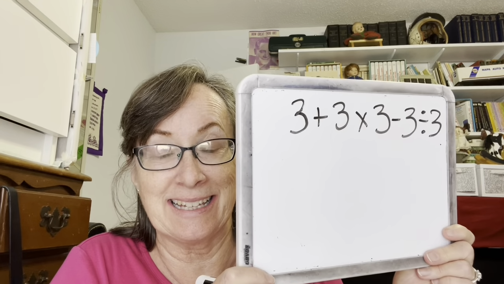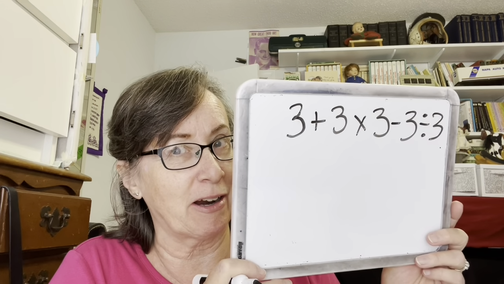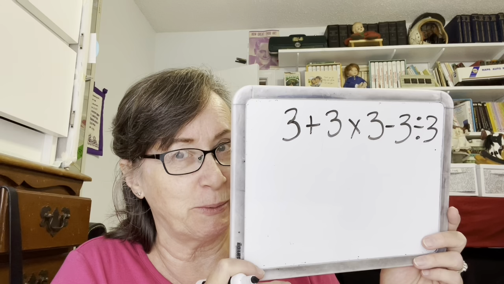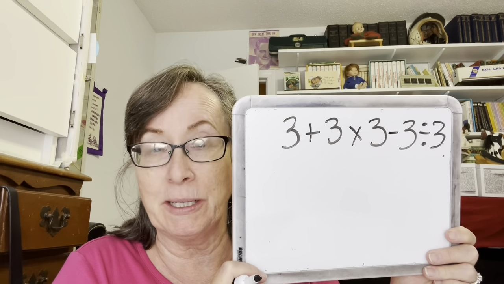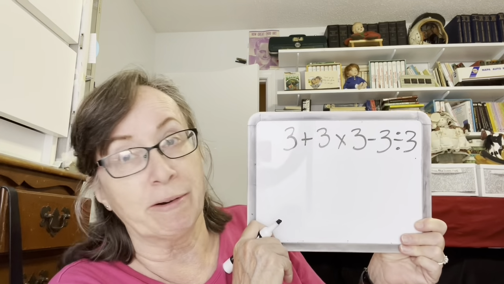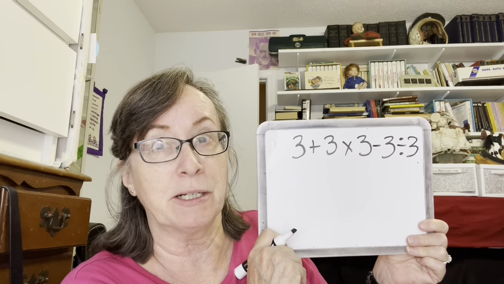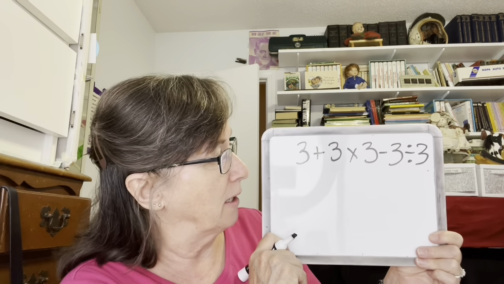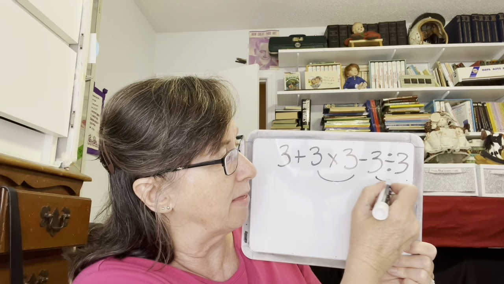Example 6 is our last example and a fun one. Okay, so first our job is to evaluate this expression. We have to use our PEMDAS. Now we don't have any grouping symbols shown here. So we don't have any exponents. So aren't we going to skip down to step 3, which is multiplication and division? So we're going to look and say, okay, there's a multiplication and there's a division.